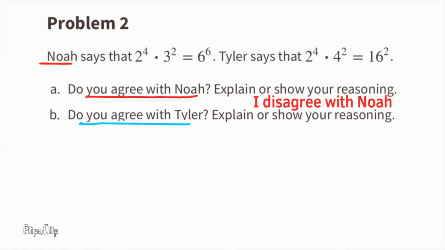B. Do you agree with Tyler? Explain or show your reasoning. 2 to the fourth power is 2 times 2 times 2 times 2, and 4 to the second power is 4 times 4.